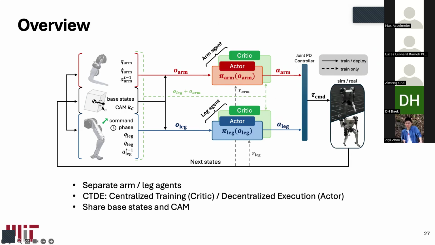Question. So you separate the leg and arm. Yes. Do you share the observation to both, for example, for the arm policy for training, do you consider the leg observation for the arm policy and the arm observation for the leg policy? Yeah, so that's basically the idea here.